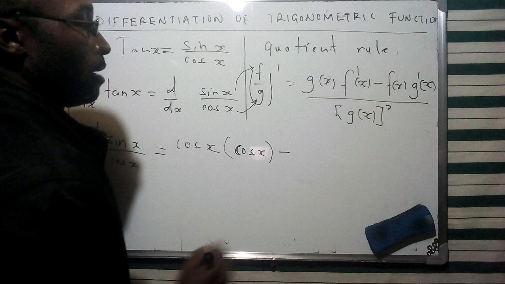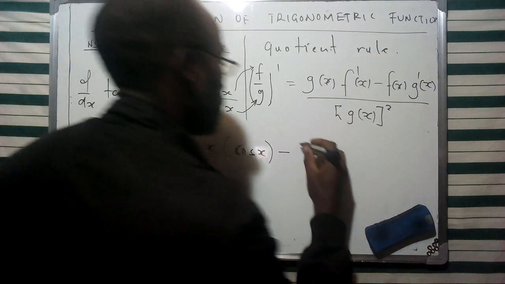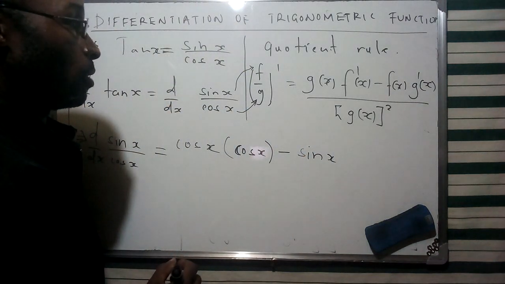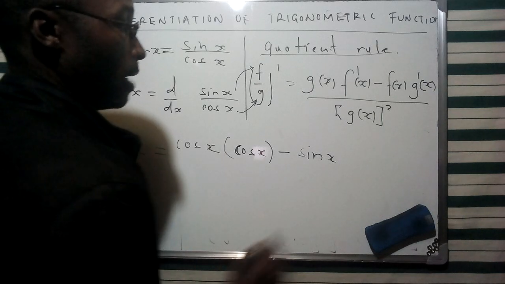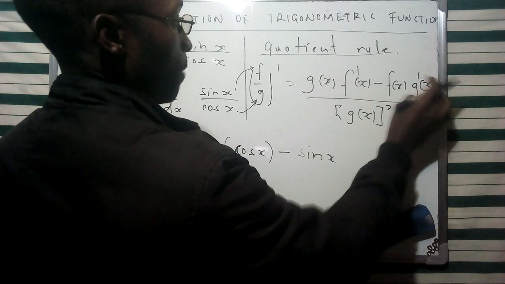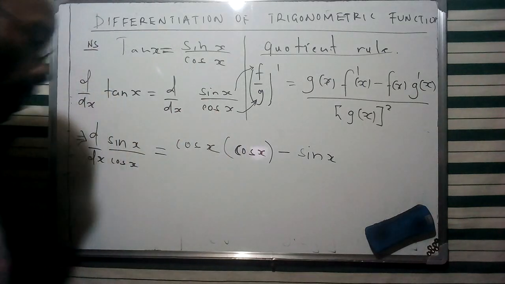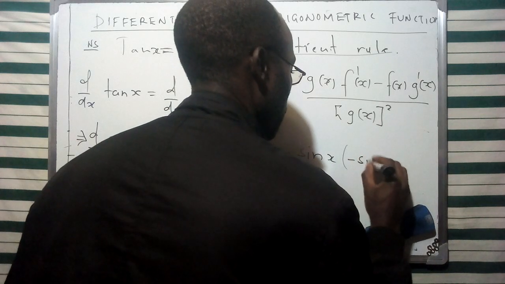And then we're going to minus f(x), which in this particular case is the sine of x. So that one has been held constant, and we're going to give it from the quotient rule in that specific order. And then we're going to have g prime of x, and we said g(x) is represented by the cosine of x, and that one is going to be given in terms of the negative sine of x.